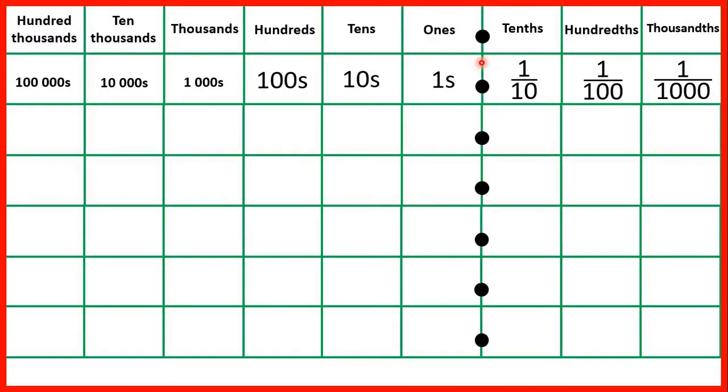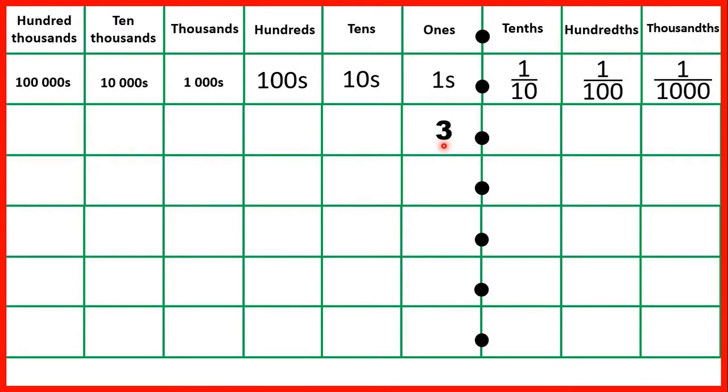So here we have a place value chart, and we count place values from the decimal point. So our whole number place values are our ones, tens, hundreds, thousands, 10,000s and 100,000s, and our decimal place values are our tenths, hundredths and thousandths.